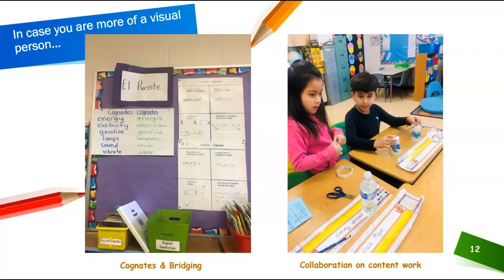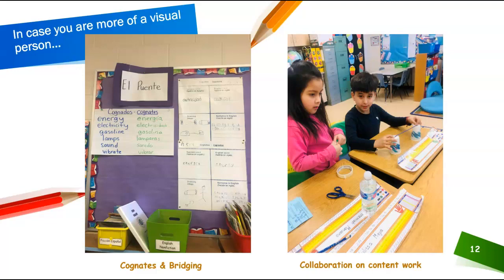Here are some visual examples of the recommendations on the previous slides. On the left hand, we see a bridging lesson done in science. Notice the cognates the students learned about in a science lesson. We see student work that has been blown up on the right-hand side of that picture.